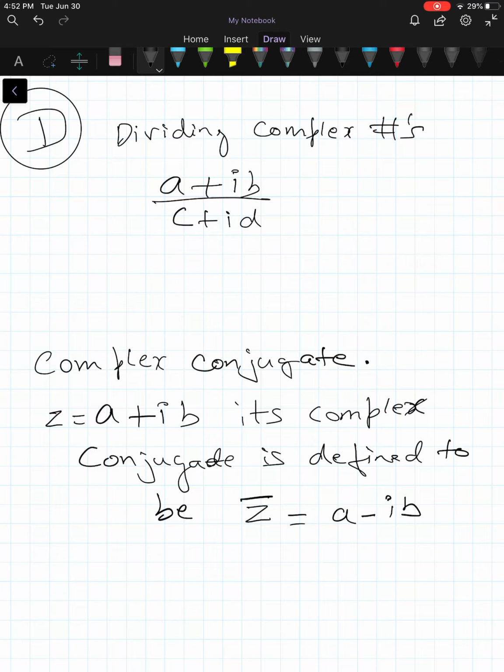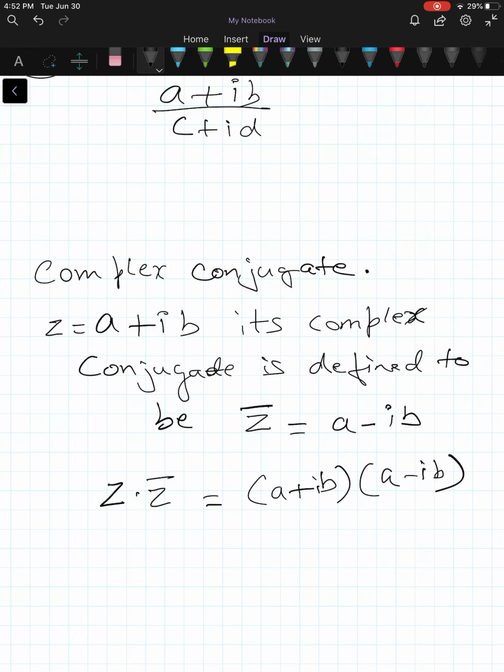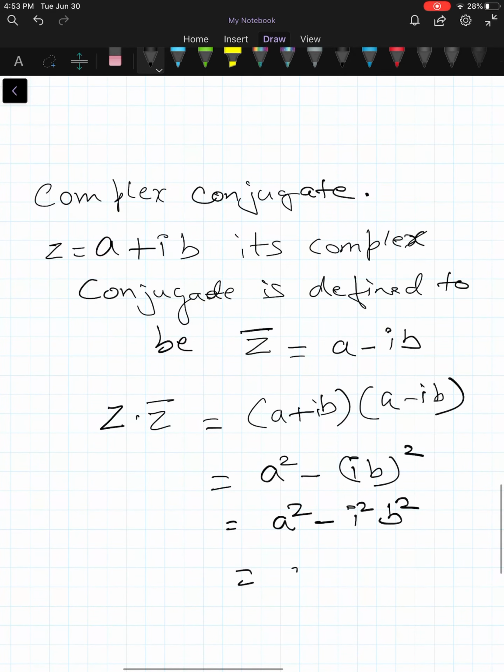So you can see that z bar will give you, this is a very famous formula. z times z bar is nothing but a plus ib times a minus ib. If you apply the special product formula, a plus b times a minus b, you will get a square minus ib the whole square. But this is nothing but a square minus i square b square. But what is i square? i square is nothing but -1. So negative of negative will give you positive, and you will be left with a square plus b square.